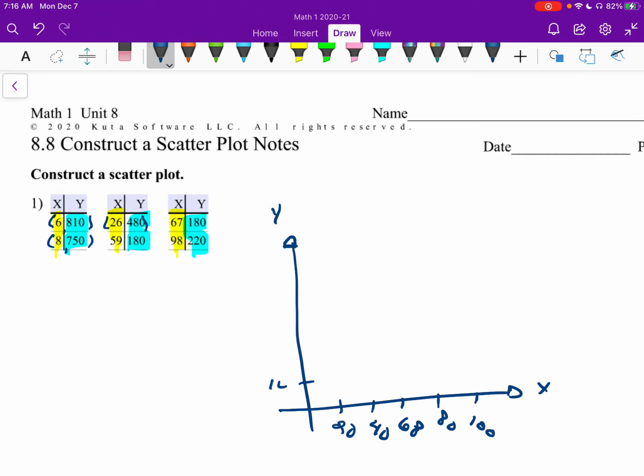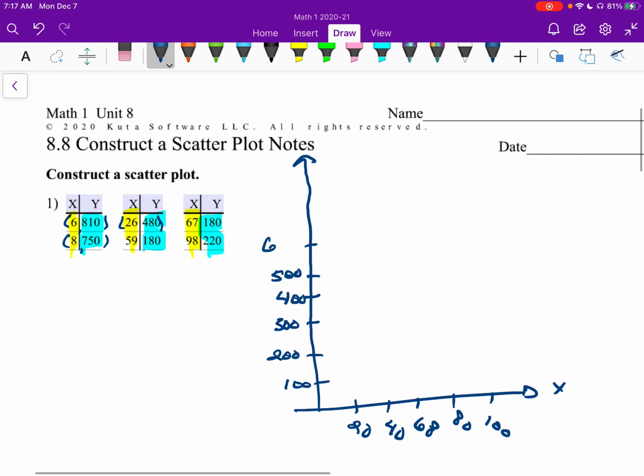So I'll do 100, 200, and I think I have to go all the way up to 900, so I'll make this taller. All right, so there's my axes.